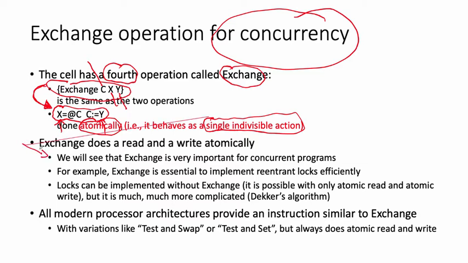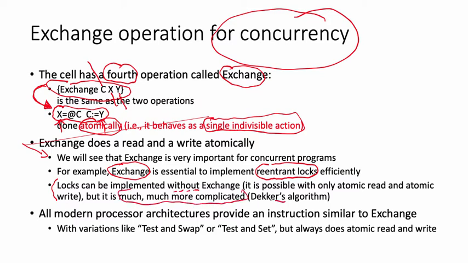We will see that. So when we implement, in a little while, a concept called reentrant locks, we will see that with exchange, we can have an efficient and simple implementation of this concept. We can implement them without exchange, but it's much, much more complicated.